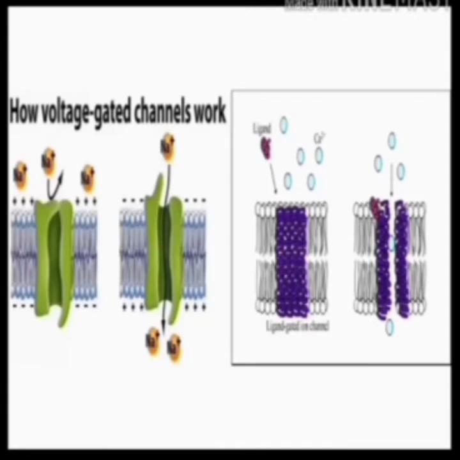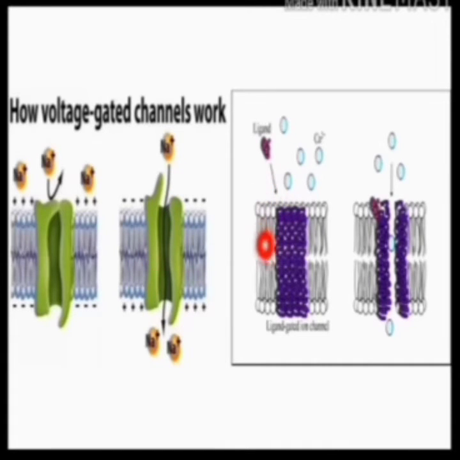In this figure, the gate is present. Now the first figure is an example of voltage-gated channels. Here the ion is present; when they receive a change in voltage, they open, and when they receive a change in voltage again, then it is closed.